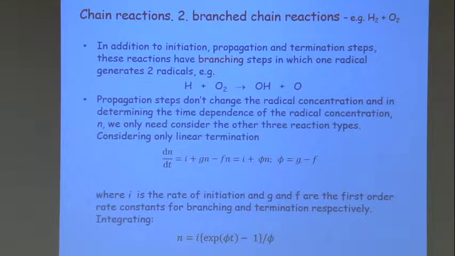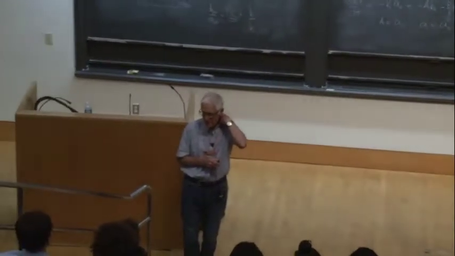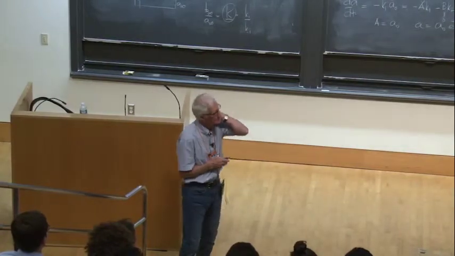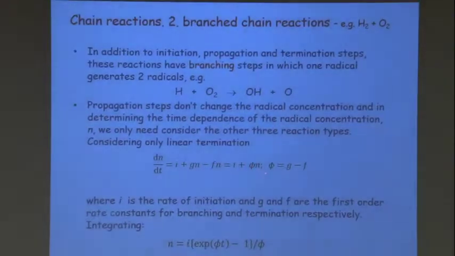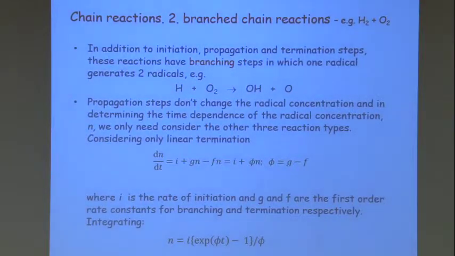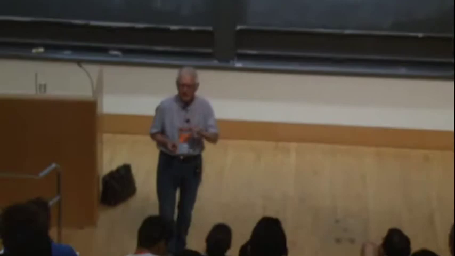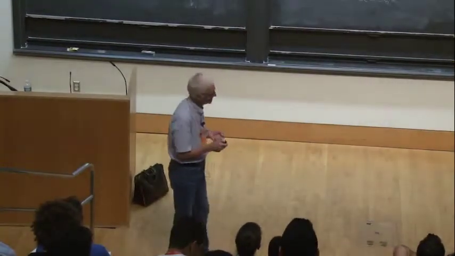And dN/dt is going to be given by the initiation rate plus the rate of branching, which depends upon the concentration of the chain center, minus the rate of termination, which we're going to assume for this argument again depends upon the first power of the chain carrier concentration. And so we can say that that's equal to I plus phi n, where phi is equal to G minus F. So phi is the difference between the termination and the branching rates.